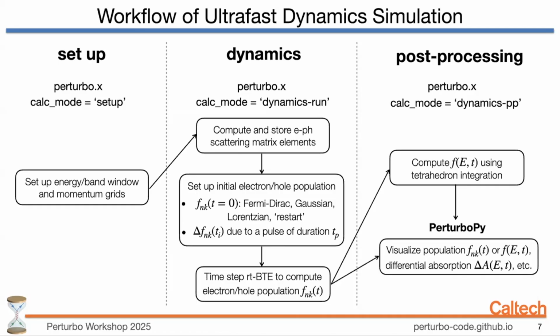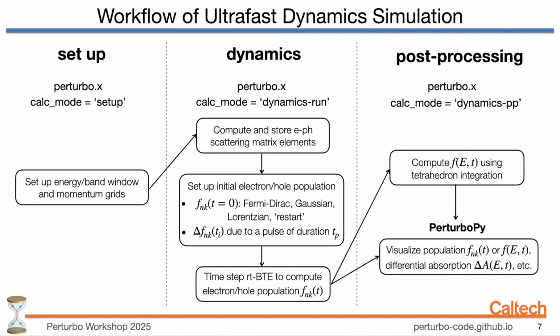With the initial condition set up, now we're ready to time evolve the Boltzmann transport equation to compute the time-dependent electron and hole populations, f_nk(t). With this f_nk(t), which is stored in an HDF5 file, we can then use the calc mode dynamics-pp to compute the electron population as a function of energy and time, which is often a useful visualization to see. This is done using tetrahedron integration to ensure accuracy.